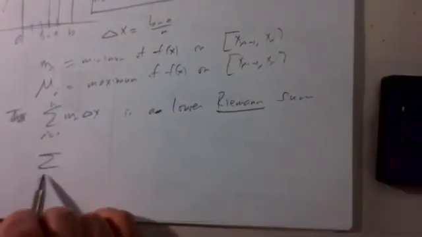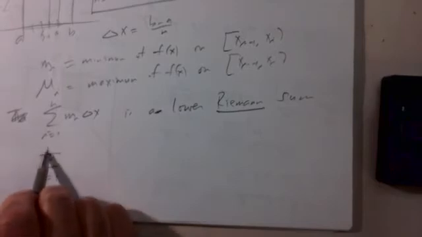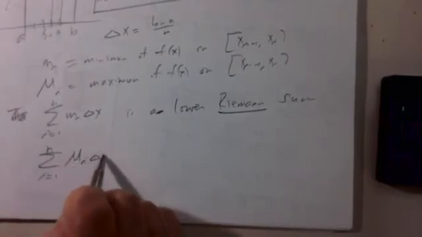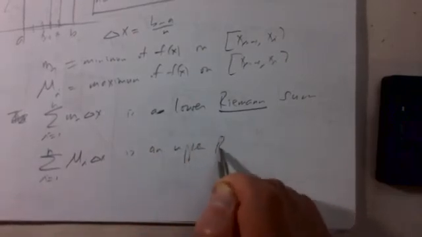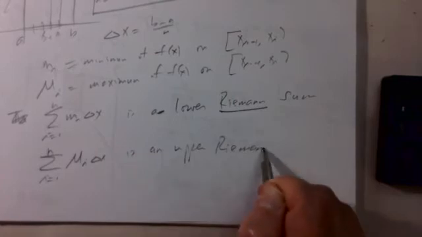And when we sum over the maximums, this is an upper Riemann sum.